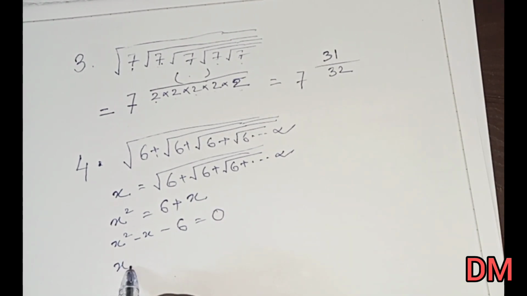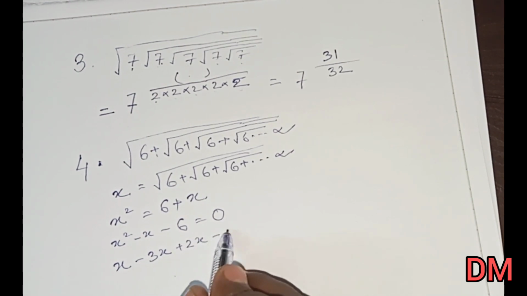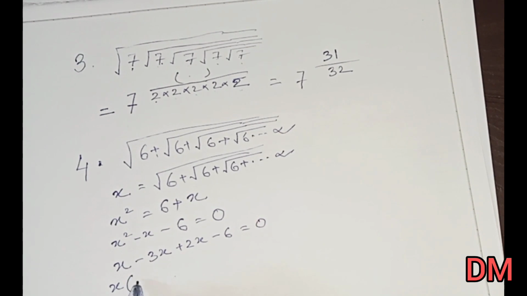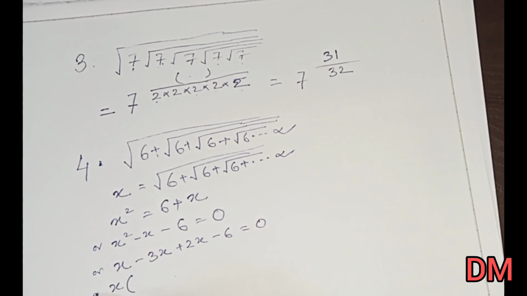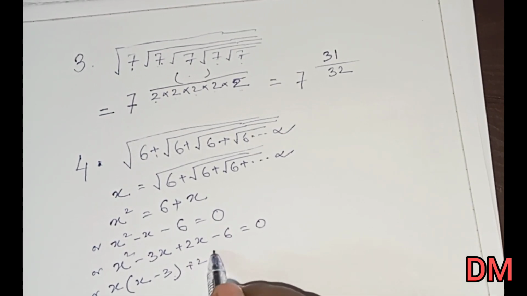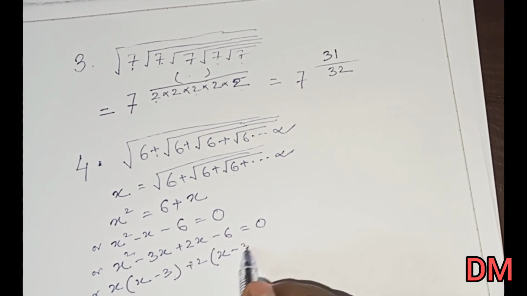Then how can you get these things? x square minus 3x plus 2x minus 6 equals 0. Now if you take x common, it will be x minus 3, plus, if you take 2 common here, x minus 3.